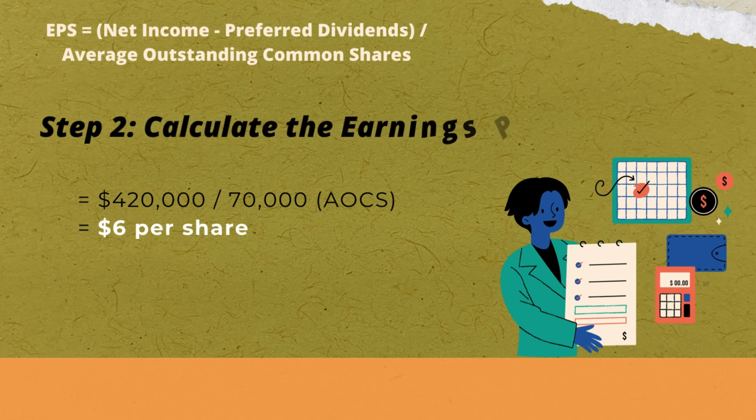Let us now calculate the earnings per share. $420,000 divided by its average outstanding common shares, which is 70,000, and that would be equal to $6 per share. This means that for every share of common stock owned, the shareholder receives $6 of the company's profit.